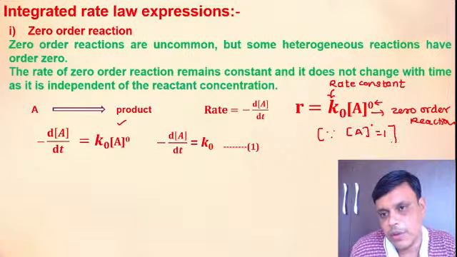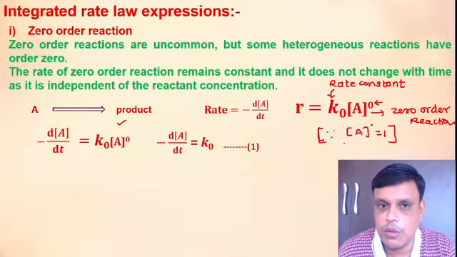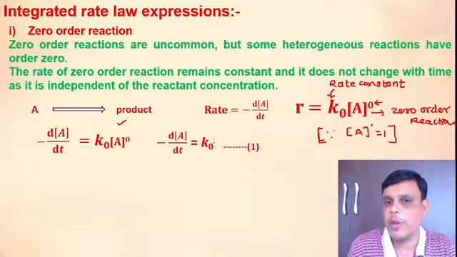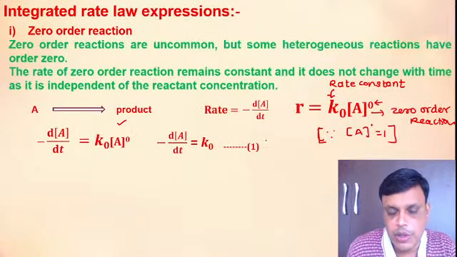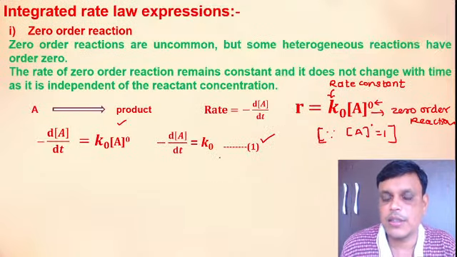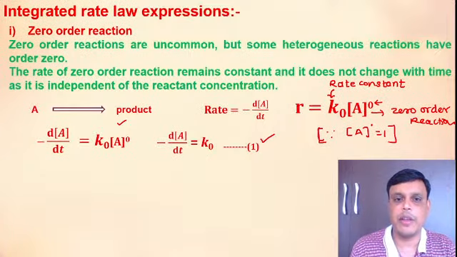This is a mathematical rule. So A to the power 0 will become 1. So 1 into K0 will become K0. So give the name equation 1 to this. So this is our equation 1: minus d concentration of A by dt is equal to K0, because A to the power 0 equals 1.